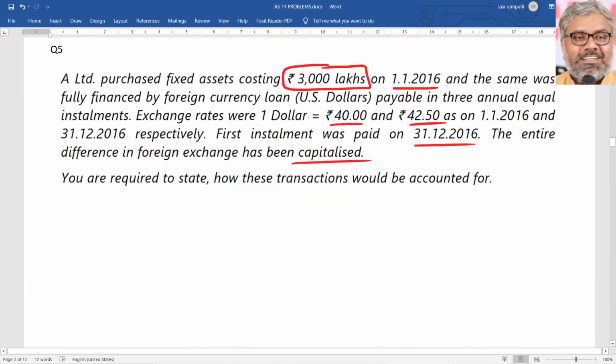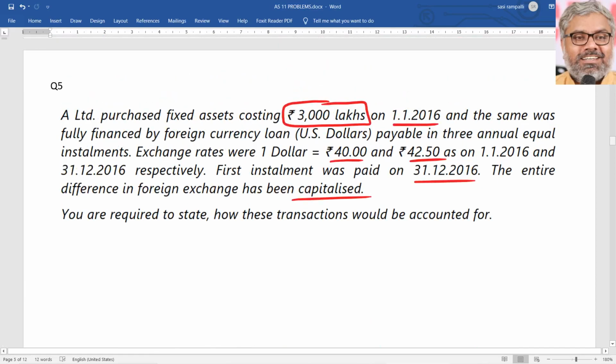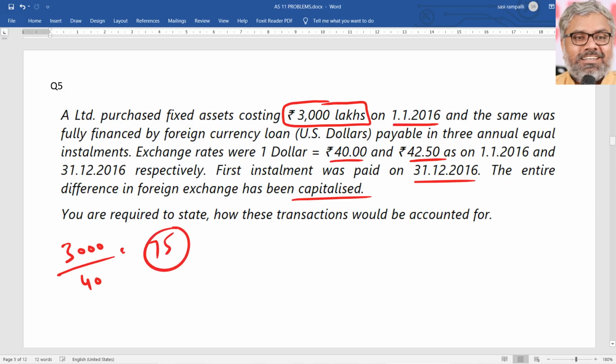See, first of all, we have to convert this 3,000 lakhs into dollars. 3,000 lakhs is rupees, it is given already. So how much was the dollar rate that day? 40 rupees per dollar. That means 75 lakhs dollars. 3,000 lakhs rupees means 75 lakhs dollars.